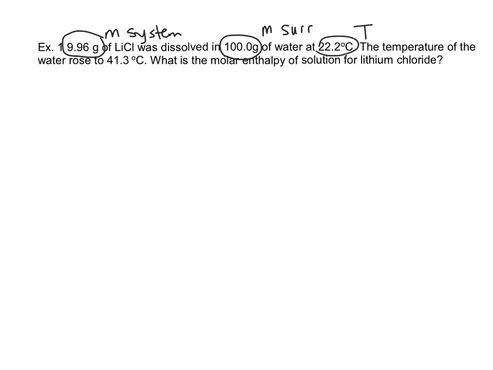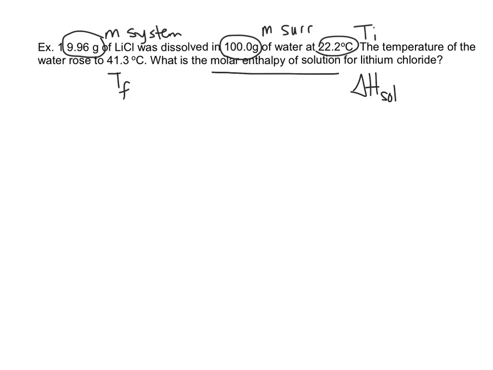It started at 22.2 degrees Celsius. It finished at 41.3 degrees Celsius, and we are looking for the molar enthalpy of solution for lithium chloride. We are looking for delta H solution for lithium chloride.